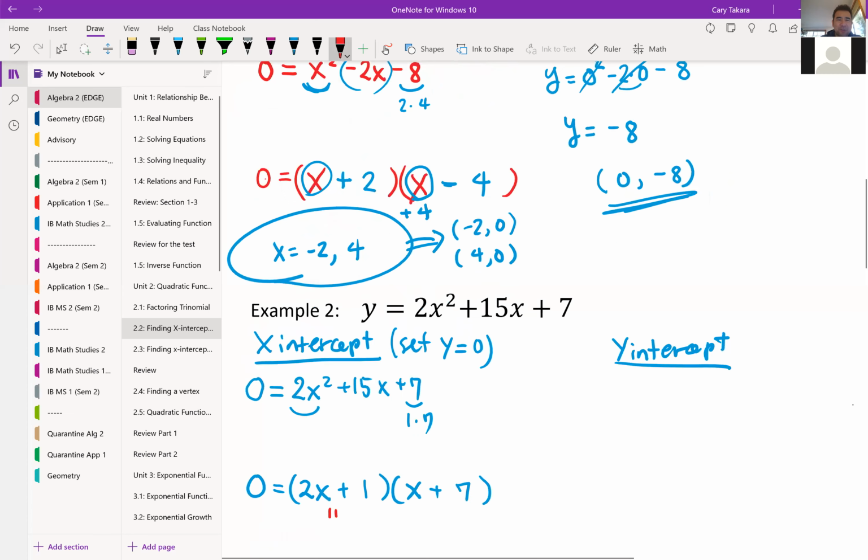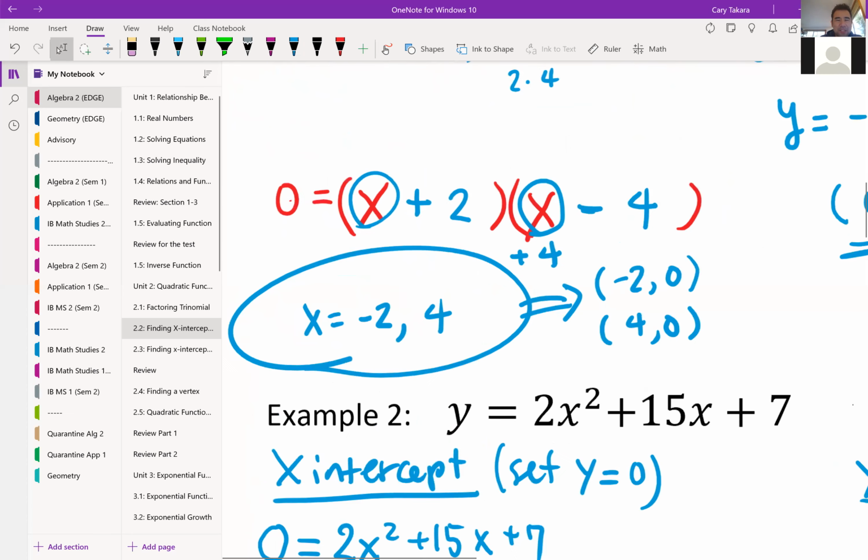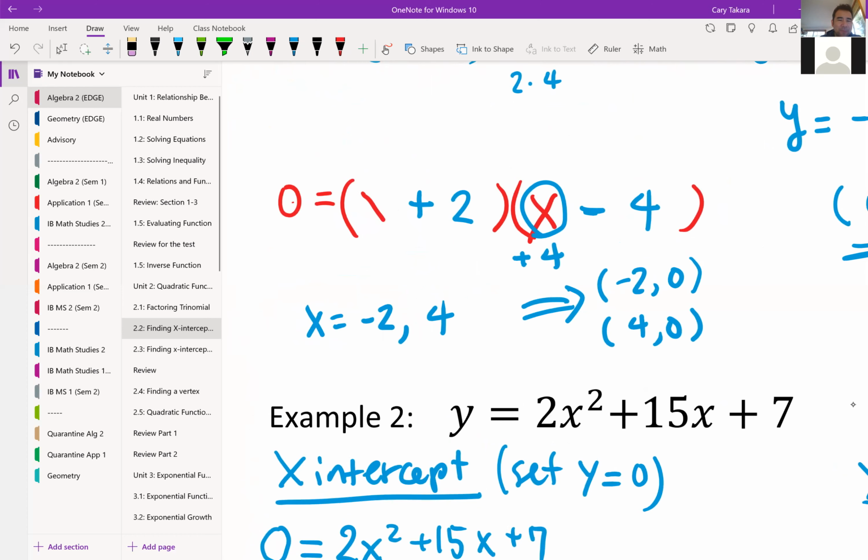for the previous question, it was pretty straightforward, right? Your answer is going to be basically the opposite of the number, because -2 plus 2 will be 0, or +4 minus 4 will be 0. So it will be basically the opposite number, isn't it?